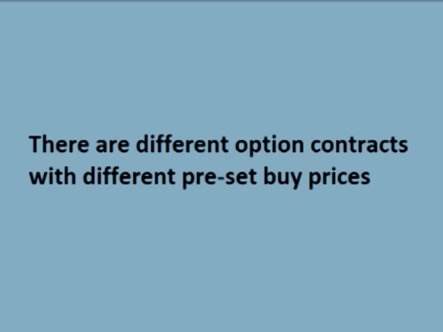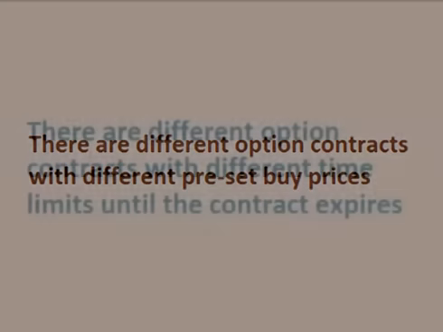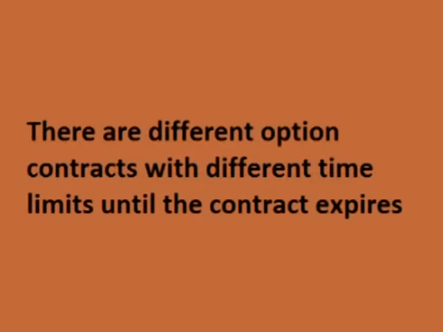For instance, if the stock is $10 a share, one can buy a contract locking in a buy price of $10, or they could buy a contract that locks in some other price, $9, $8, $11, $12. Of course, the different contracts cost different amounts. When someone buys an option, there is a time limit on how long the buyer has to exercise or use the option. The longer the time limit, the more the contract costs to buy.